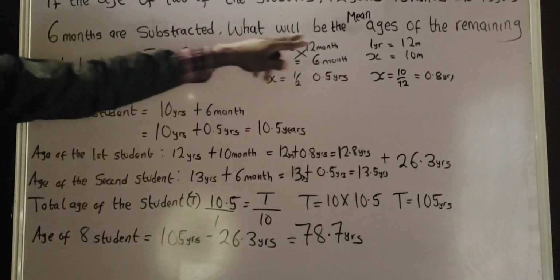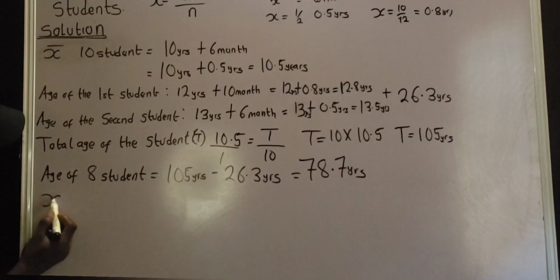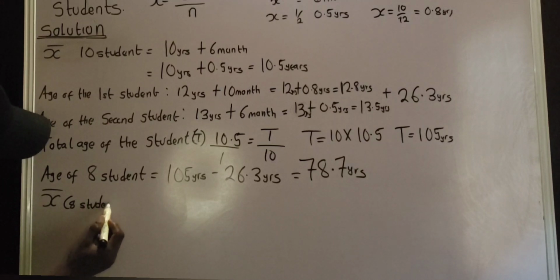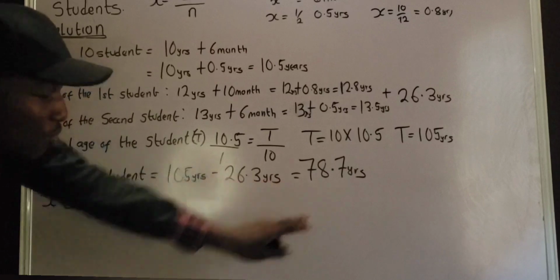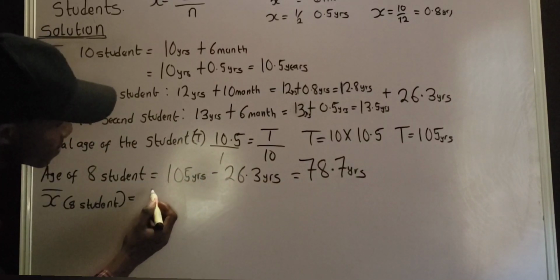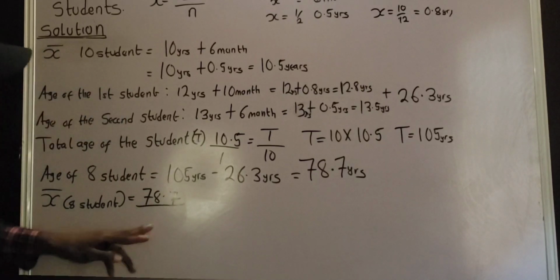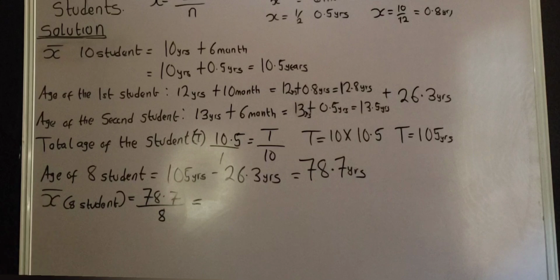The mean age of the 8 students is equal to the total age of the 8 students, which is 78.7, all over n. N is 8 because we are looking for the mean age of the 8 students. 78.7 divided by 8 will give us 9.84.